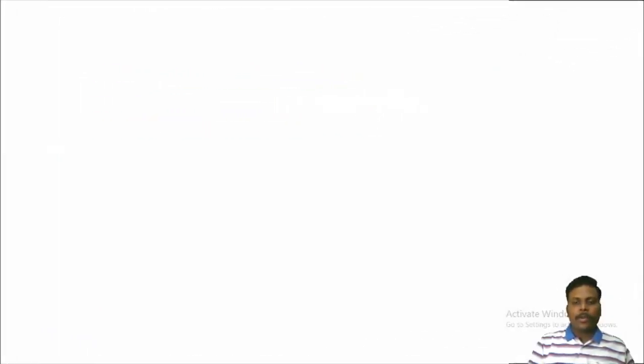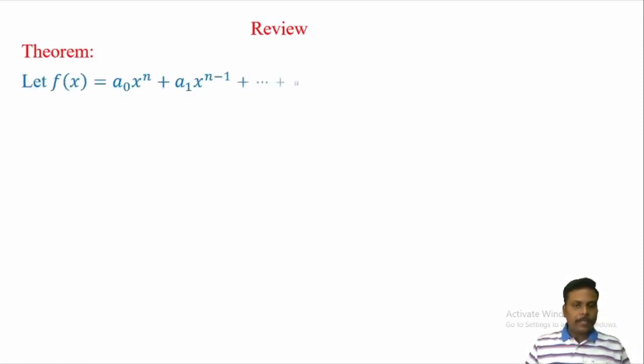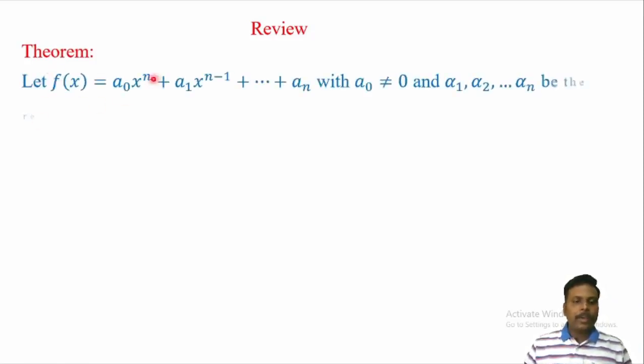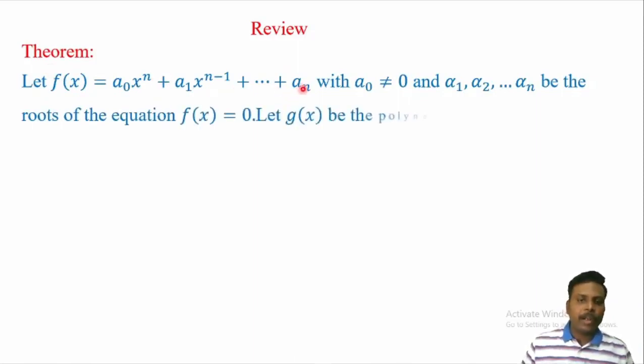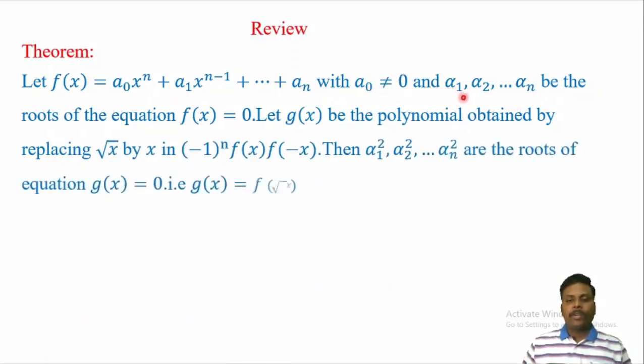Before getting into the problems, let us quickly review one of the theorems that we have studied in the last lecture. Here is the statement of the theorem. Let f of x be an nth degree polynomial with a leading coefficient a0 not equal to 0 and alpha 1, alpha 2 and so on up to alpha n be the roots of the equation f of x is equal to 0.